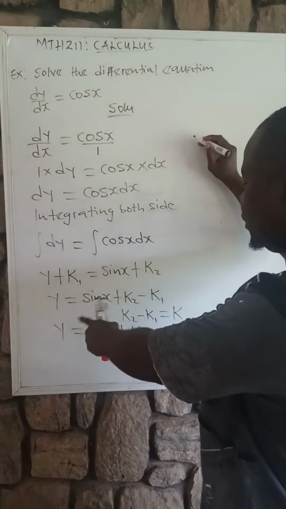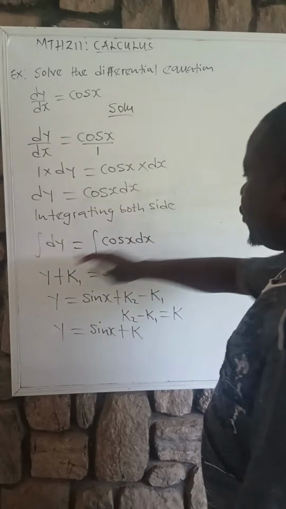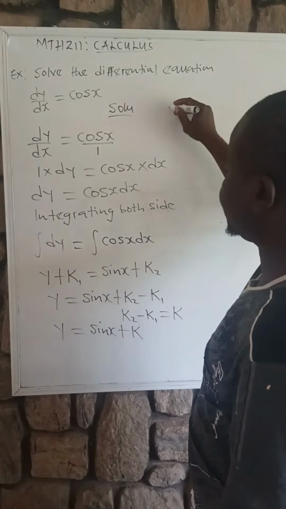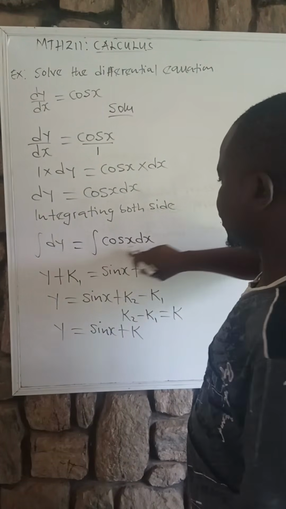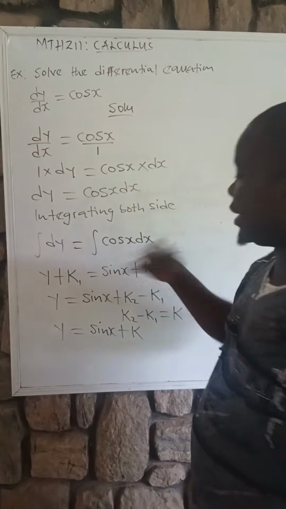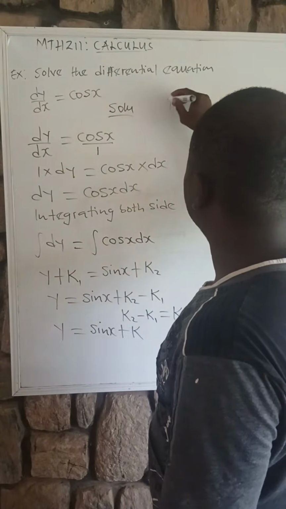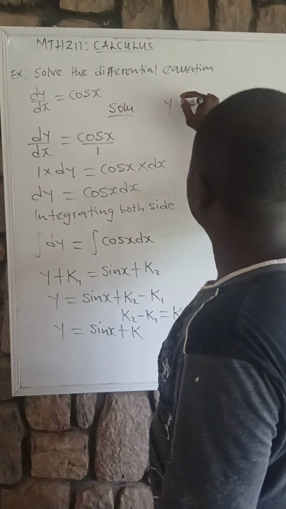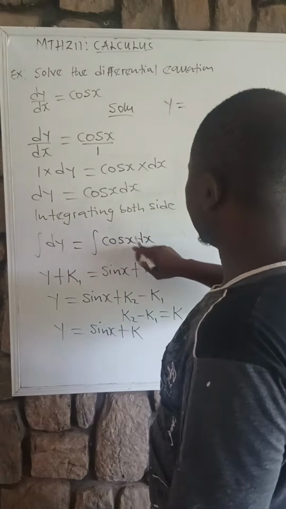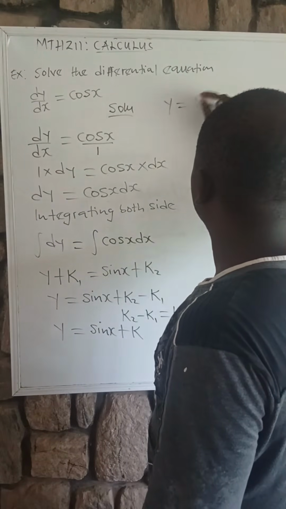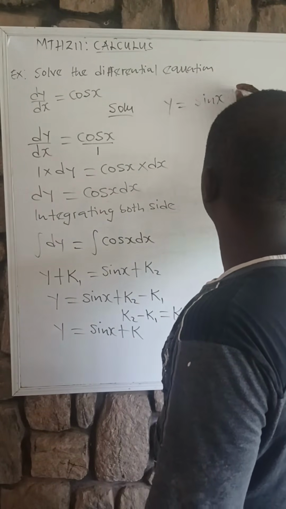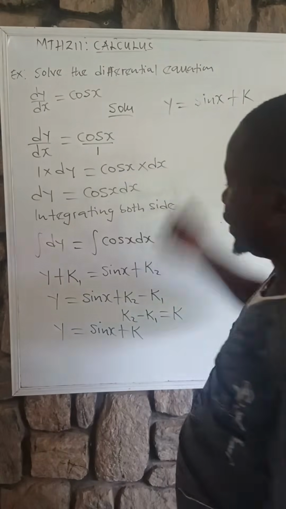But some textbooks, if they want to integrate this function, it's direct. If you integrate the y, you are going to have y equals to the integral of cos x dx. You are going to have sine x plus a constant, it is direct.